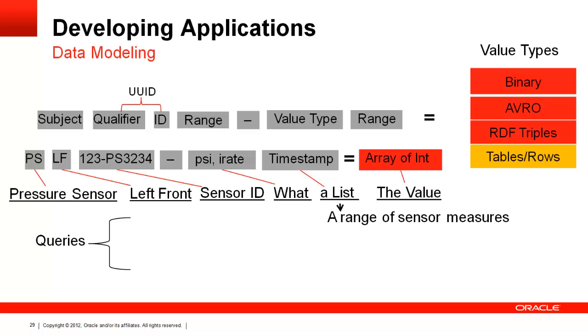So you can see that you set the key structure up for a different set of queries that you might want to get at in the application space. And in this case, I'm talking about a crash simulation and pressure sensors that are wired into a vehicle for someone like BMW or Audi or Ford or whoever. Okay, but I think you get the idea.